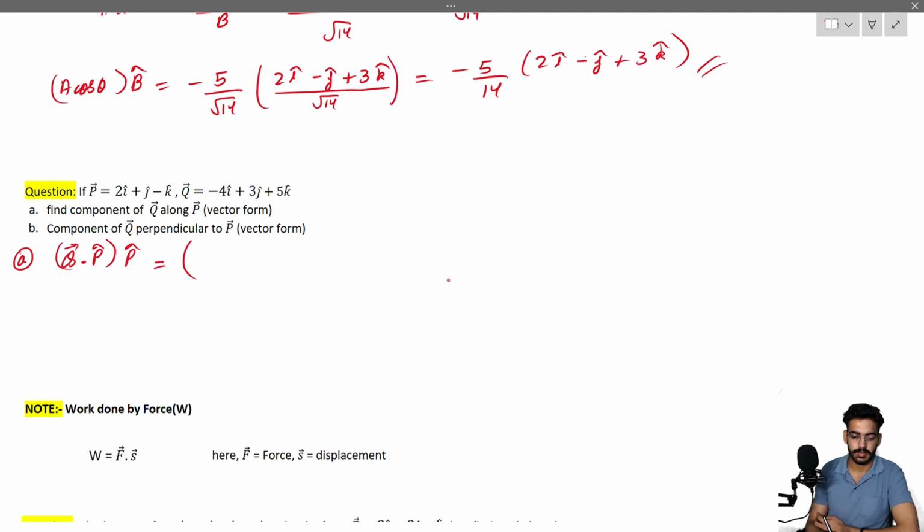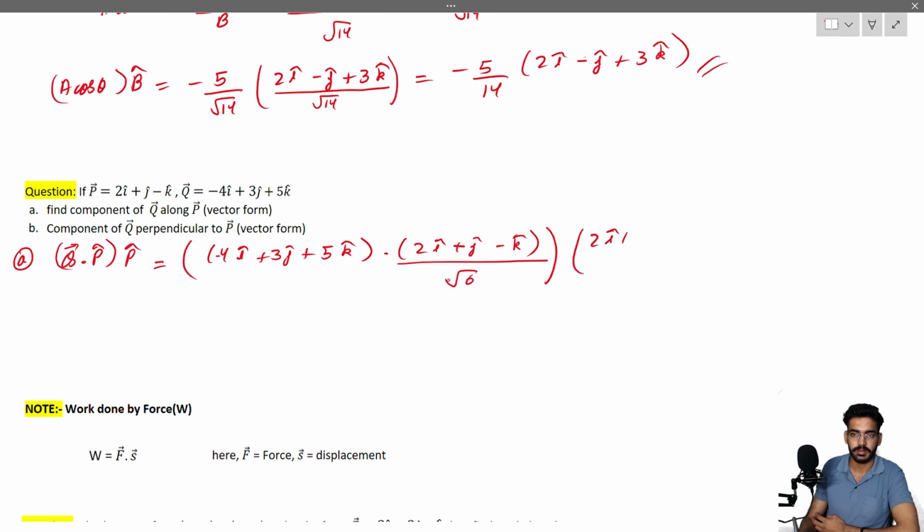So that is basically my 4 I cap minus 4 I cap plus 3 j cap plus 5 k cap dot 2 I cap plus j cap minus k cap by root 6 and multiply by which one, magnitude 2 I cap plus j cap minus k cap by root 6, right?